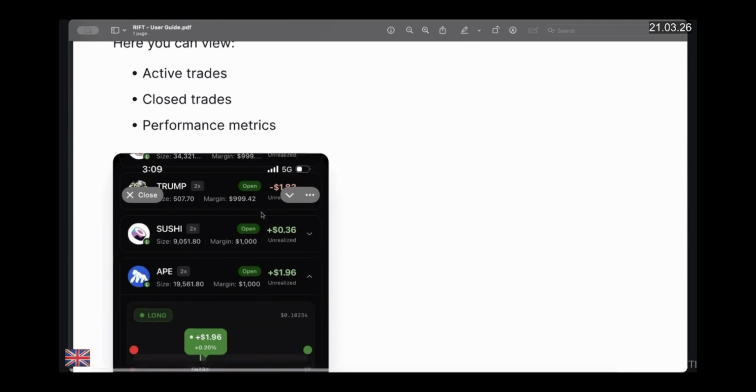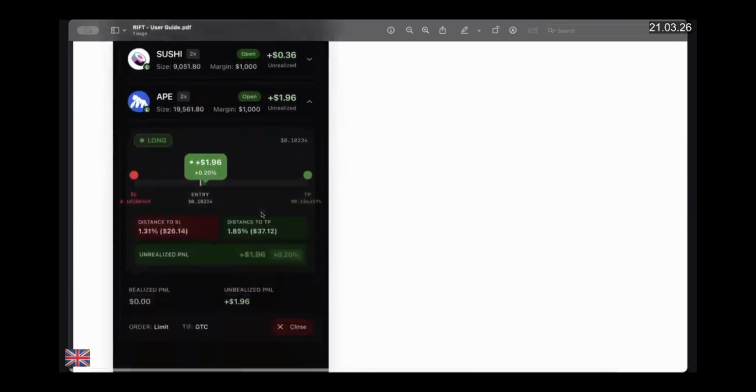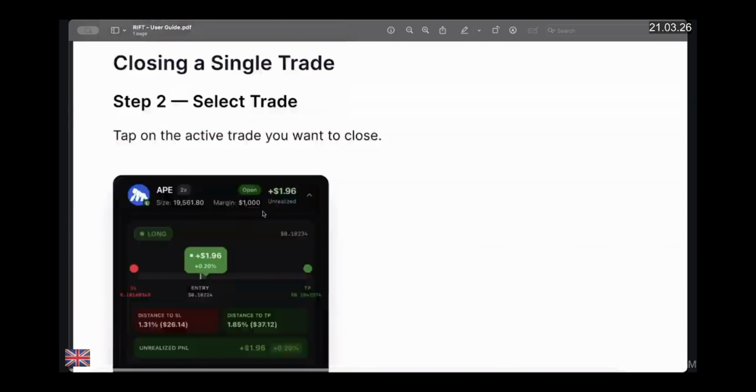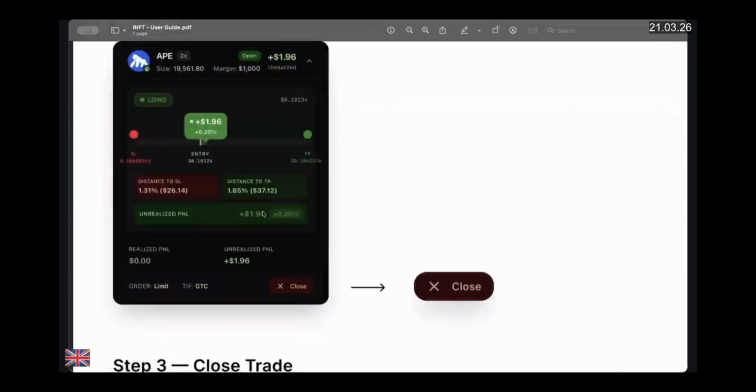You can manage these metrics per trade, and you can instantly close a particular trade as well, or you can keep holding it till it realizes profit or till it hits stop loss. Once it realizes take profit, it automatically closes. Once it hits stop loss, it also automatically closes. So both ways the same thing happens.